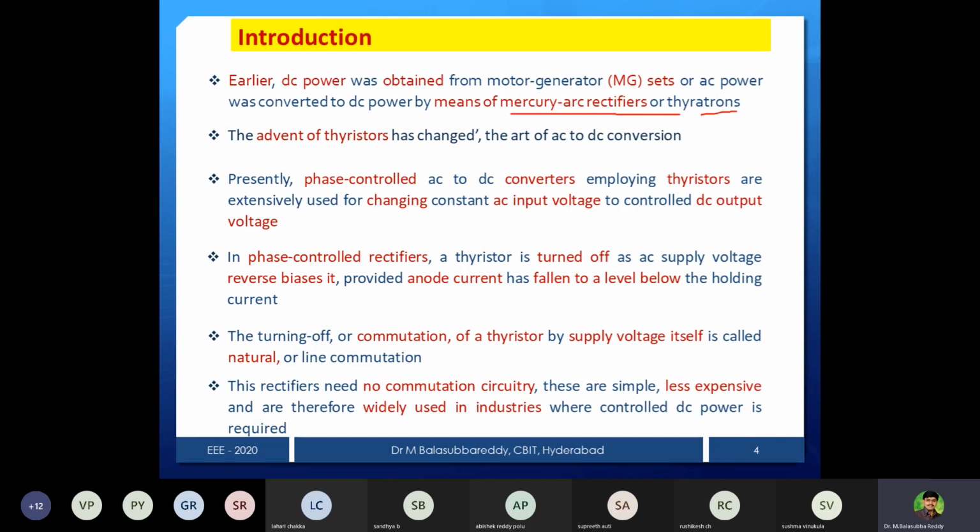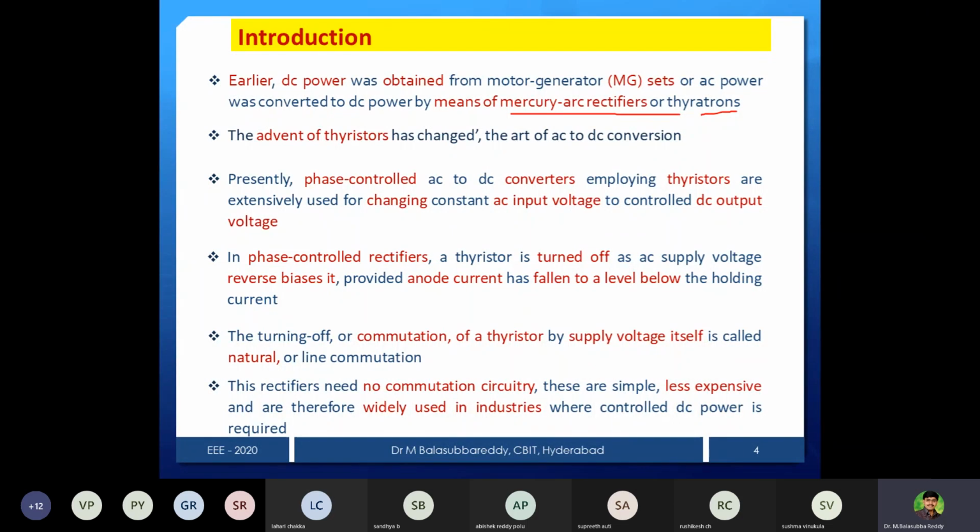There is another controller also available, the chopper. In a chopper we can control the DC voltage only. But why are choppers not used in some applications? Because in a chopper, to turn off the device, forced commutation techniques are required.